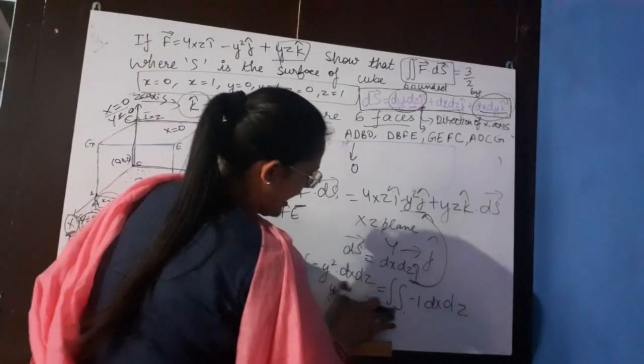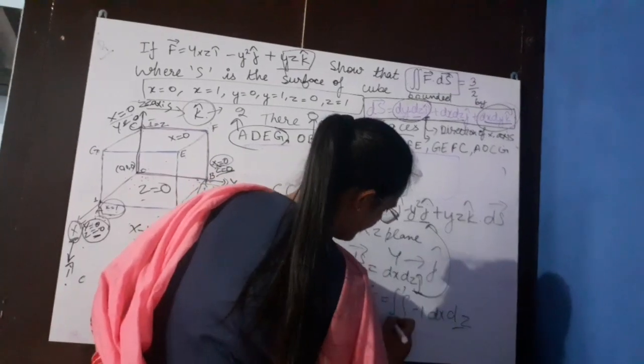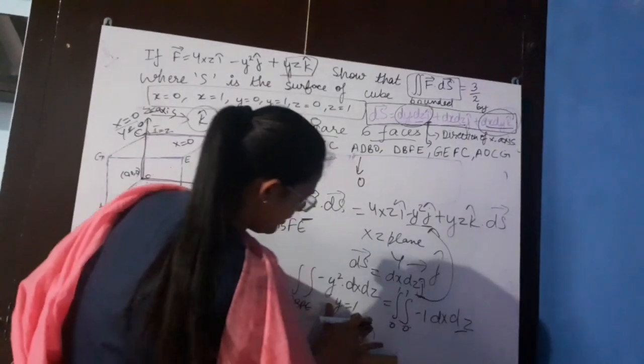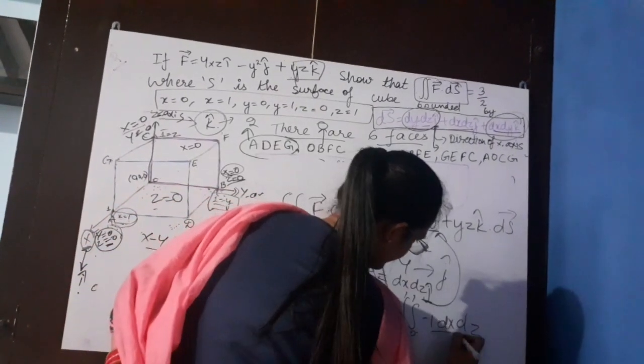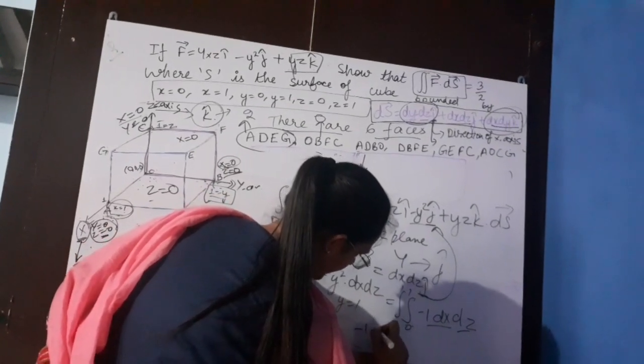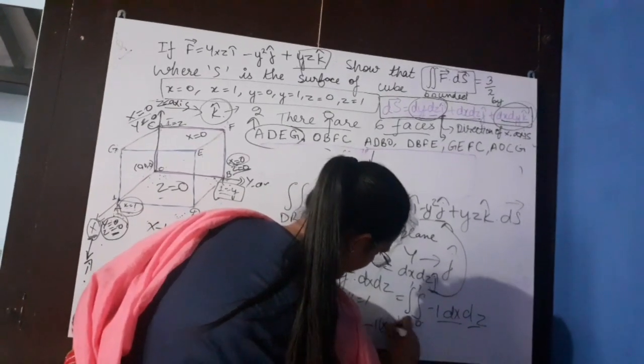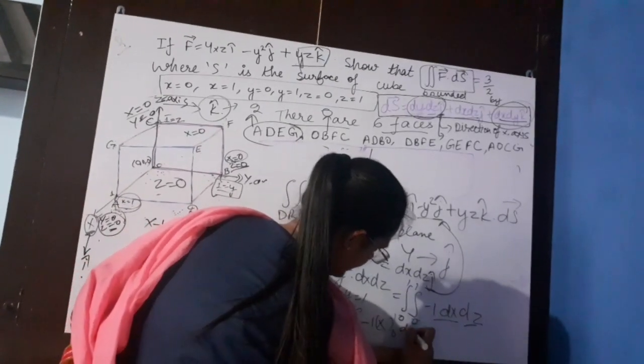As x varies from 0 to 1 and z varies from 0 to 1, when we integrate with respect to dx we get minus 1 times x from 0 to 1, dz.